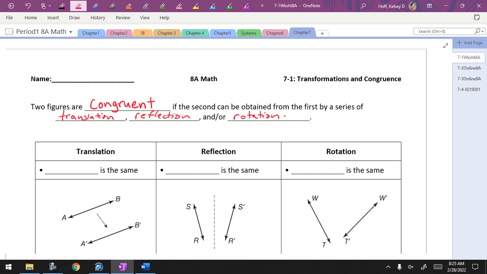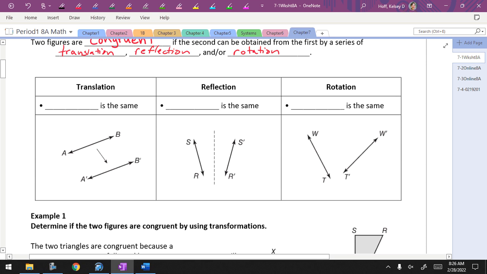Translation was a slide. Reflection was the flip. Rotation was the spin. And then what was the last one we did? Or what happened to the shape? It got smaller or bigger, right? Which was dilation, okay? So we are not going to use dilation today because congruent means they're the same exact size and the same exact shape, okay?